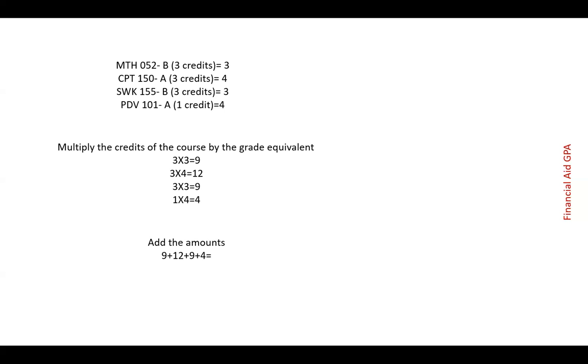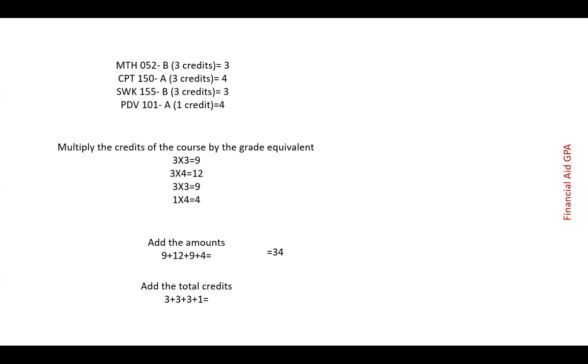Once you have those calculations, you are going to add the amounts that you obtained. So we're going to add 9 plus 12 plus 9 plus 4, and we're going to get the total of 34. Now we're going to add the total credits. Math was 3 credits, so was computer and social work.